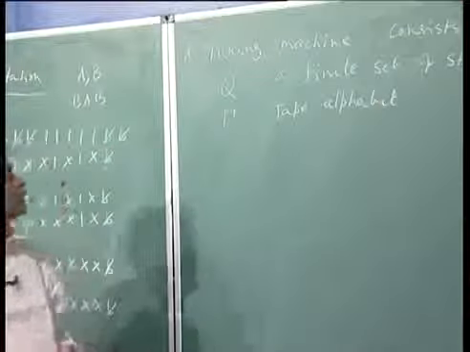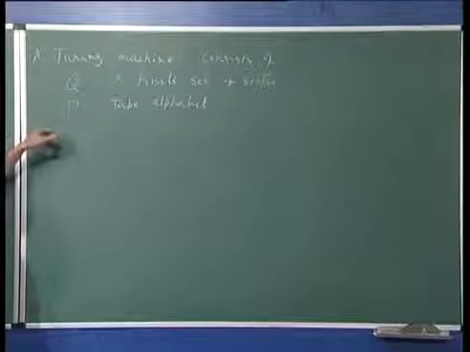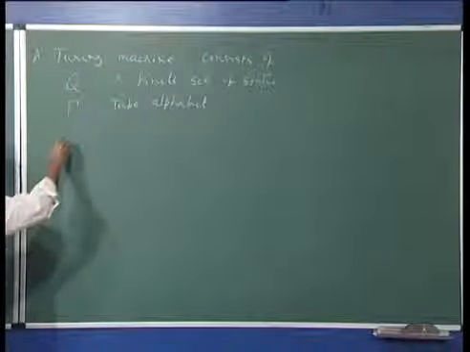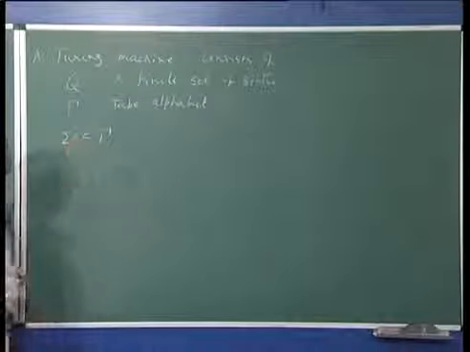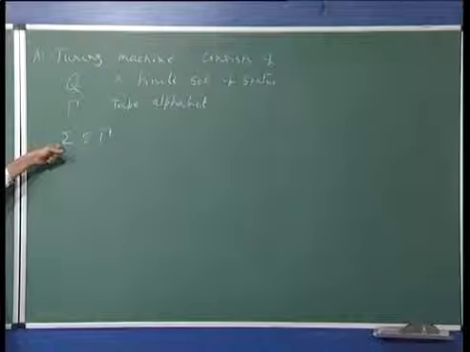This is the set of all symbols which can appear on a Turing machine tape. Now a subset of this gamma, which is sigma, is the input alphabet.